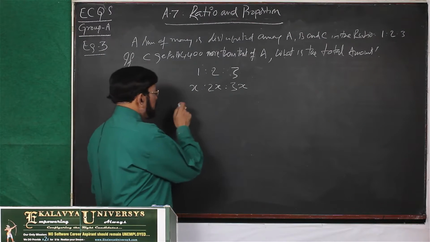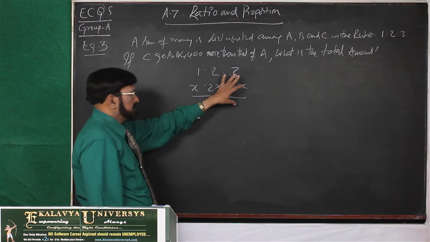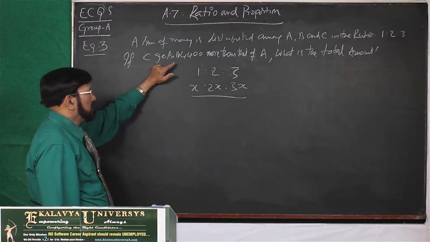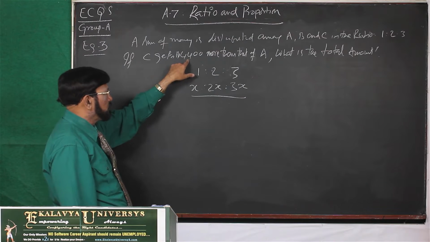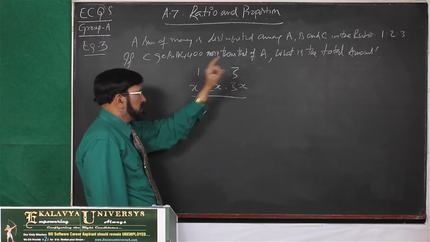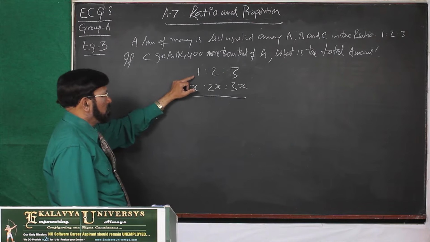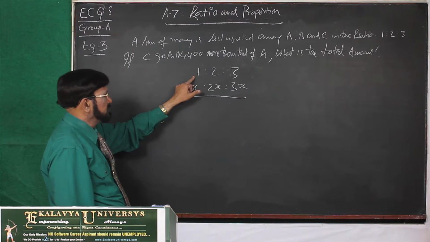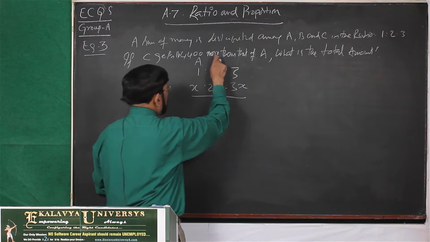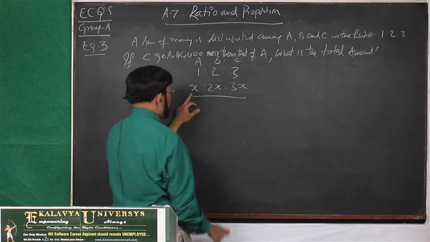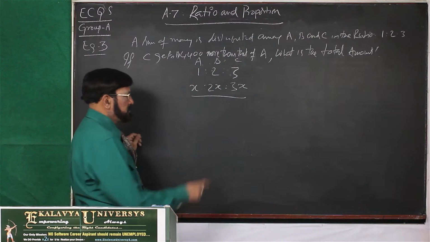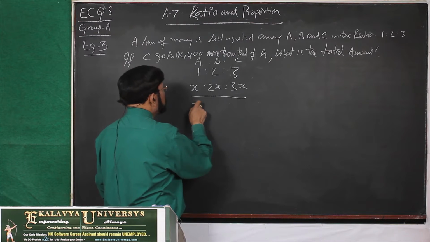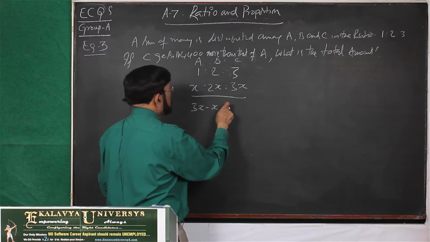Then, this is the ratio. Now, C gets 4,400 more than that of A. Here the difference is between A and C. How much is the difference between A and C? The ratio difference is 3x minus x, which is equal to 2x.